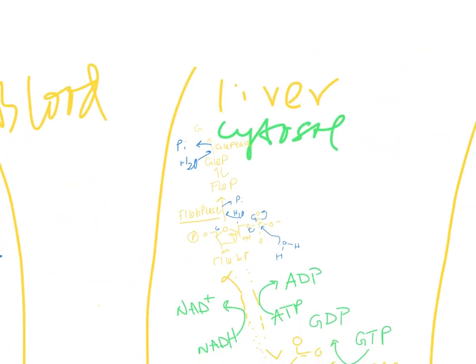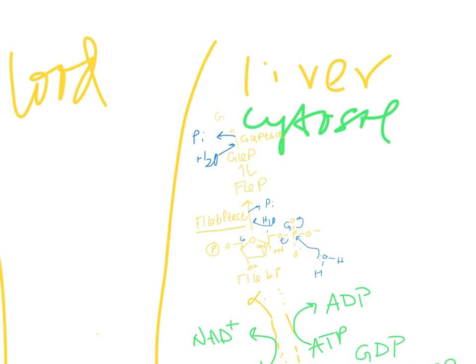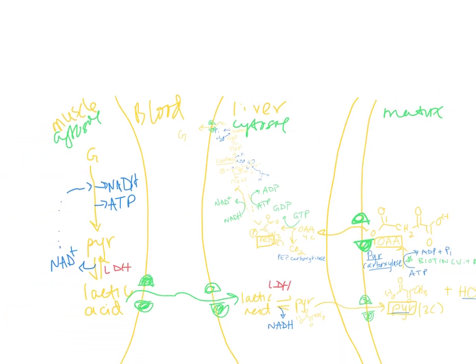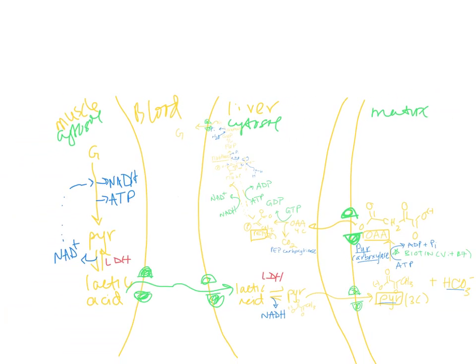Okay, and now we've gotten all the way back to glucose, and this glucose can leave and go back into the bloodstream, to replenish the blood glucose levels. If the muscle cell needs that glucose, it can re-enter.